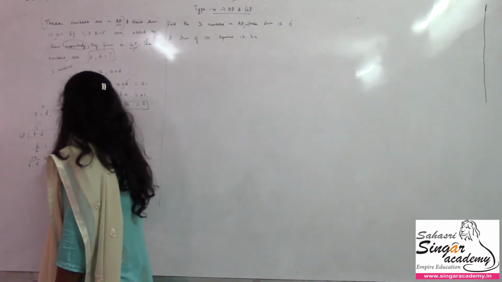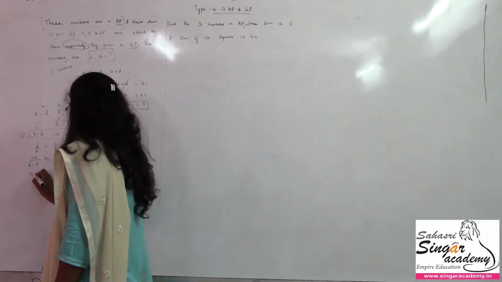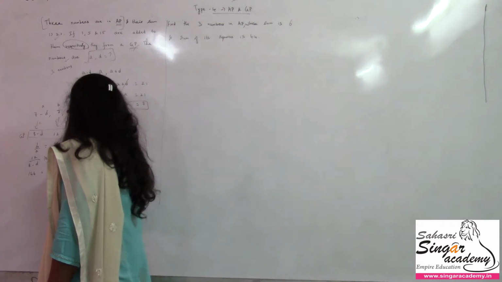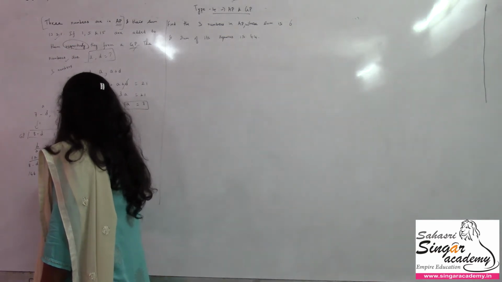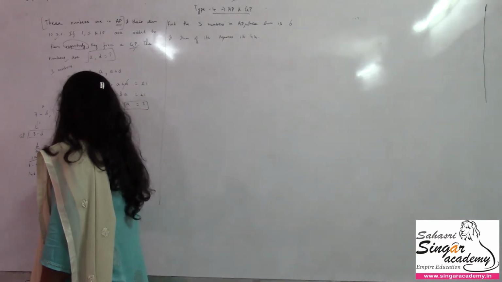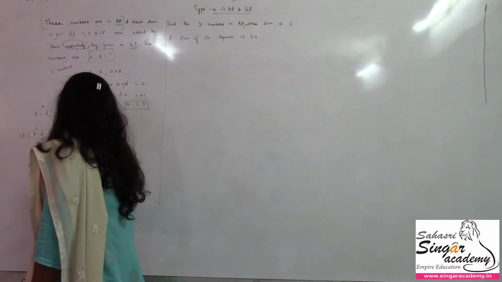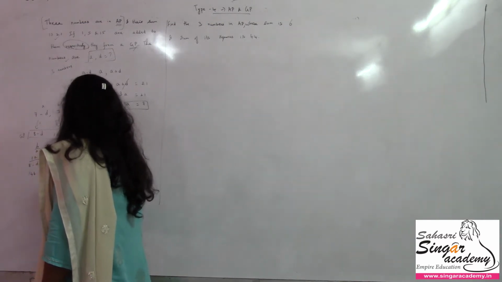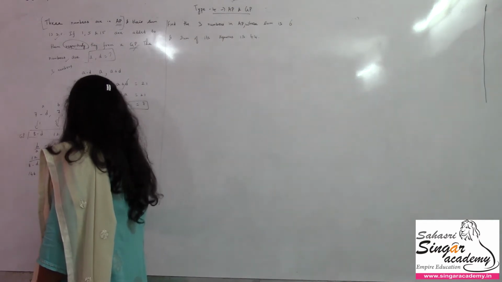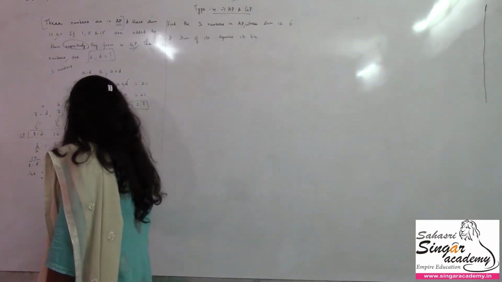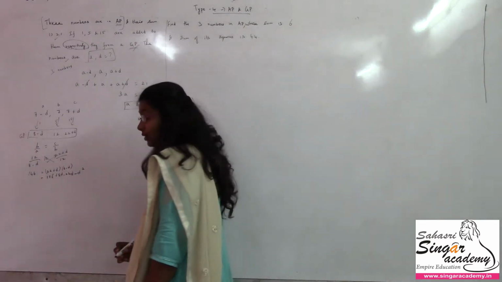I cross multiply so that 144 is equal to 22 plus D into 8 minus D. So 22 into 8 is 176, plus 8D minus 22D minus D squared. I'll get a quadratic equation so that I'll get 2 D values.